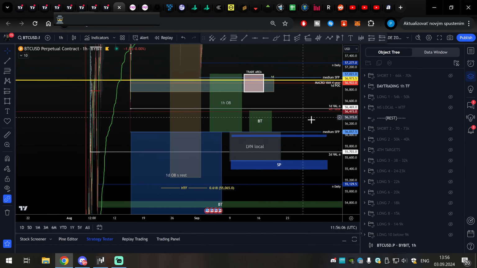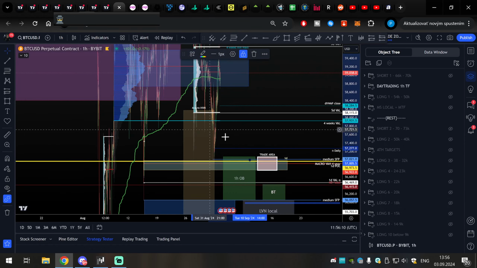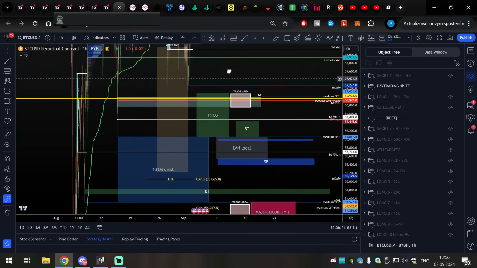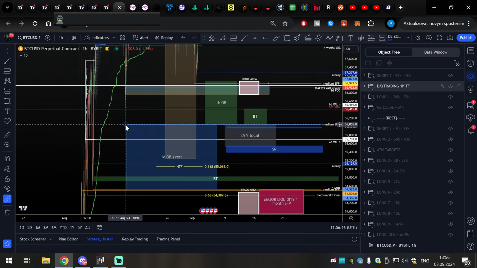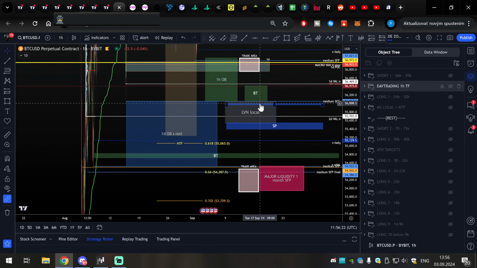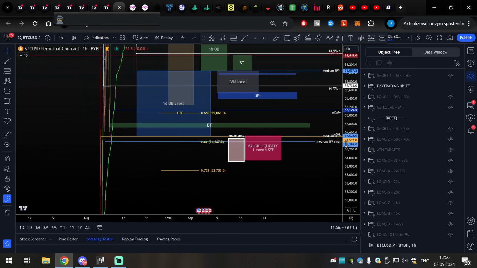And if this area is lost, you see we have very limited support locally. So even though this is a macro high volume node, I don't have many levels here. So it's very likely Bitcoin will crash to the 56k lows. And you will be making a decision here whether you do a swing failure pattern or not. Just be careful because it's a low volume node and single prints here. So it's very limited. If the market starts breaking down, you need to get out and wait for the stronger areas.